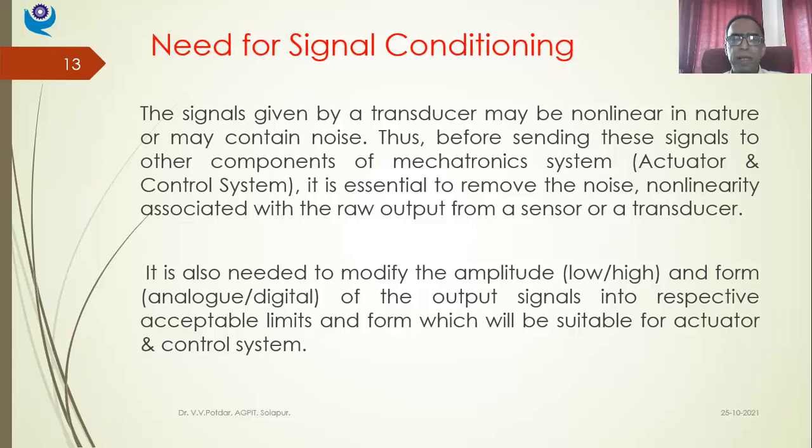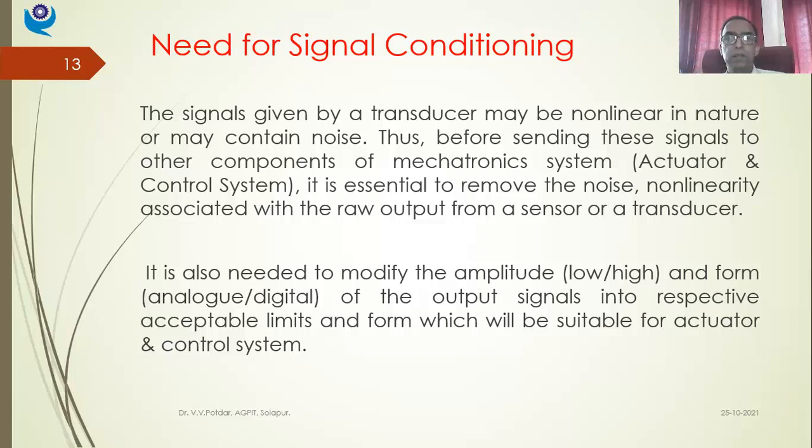So whatever form it is, the raw output from the transducer is to be processed by the signal conditioning devices. It is also needed to modify the amplitude. Either low amplitude is to be increased to high amplitude, that is amplification, and high amplitude is to be reduced to low amplitude, that is attenuation.